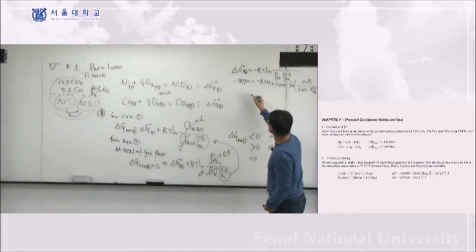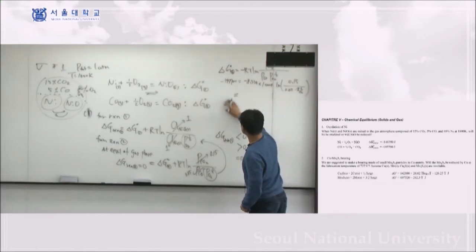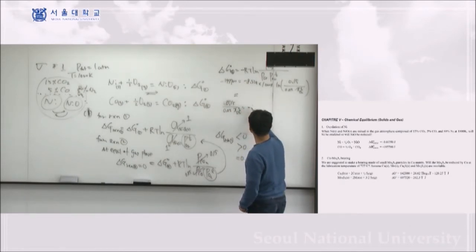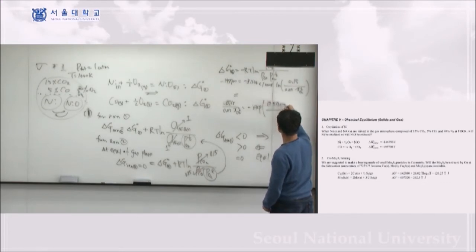Okay? So this one is 0.15, 0.05, xO2 equal to minus exponential 195700.